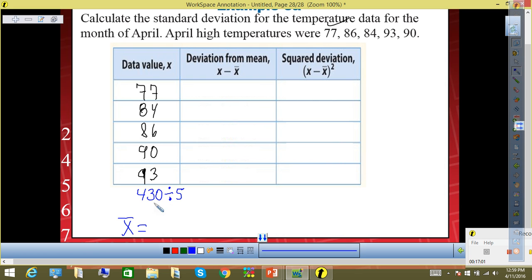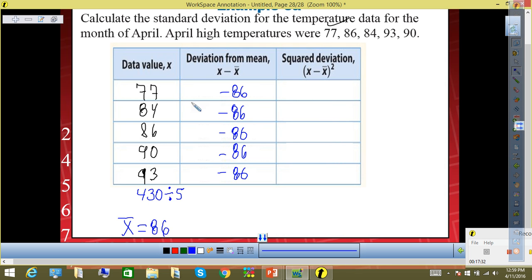And when we divide by 5, what is our mean, Francisco? 86. All right. So notice here the last part of this column is going to be 86. Doesn't it say to use that for each one of these? 86, 86, and we're going to subtract the x values.